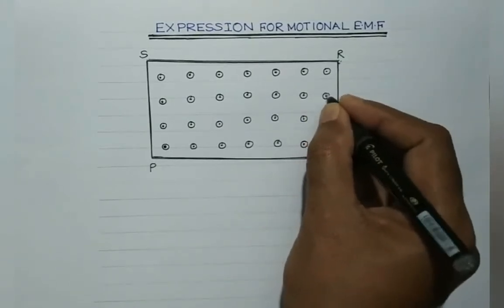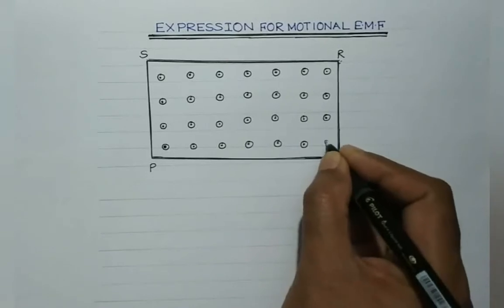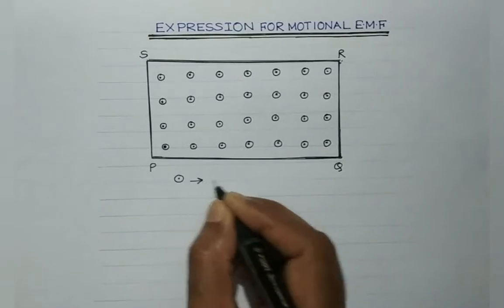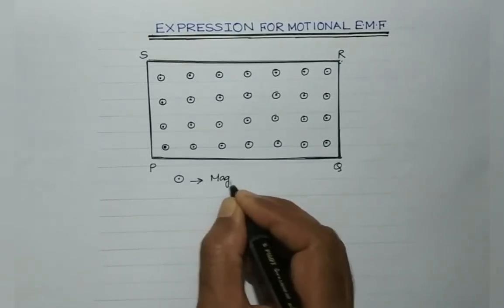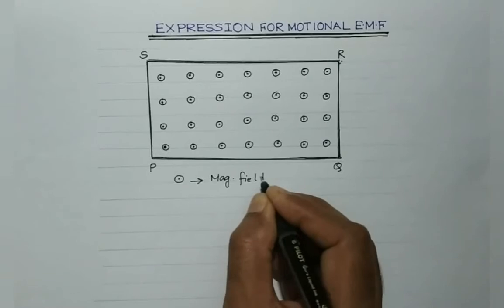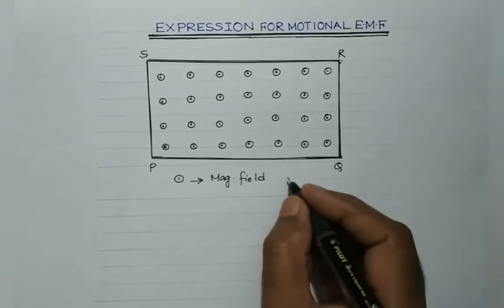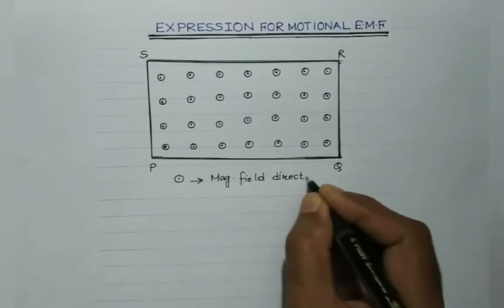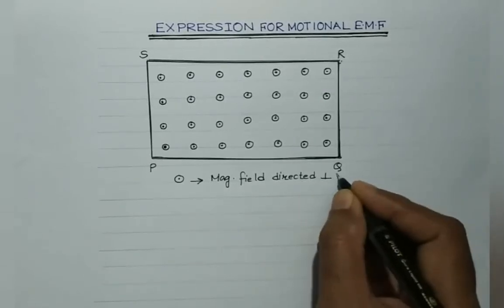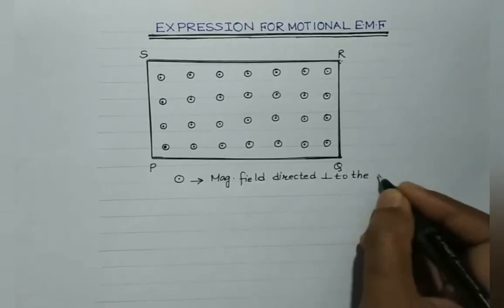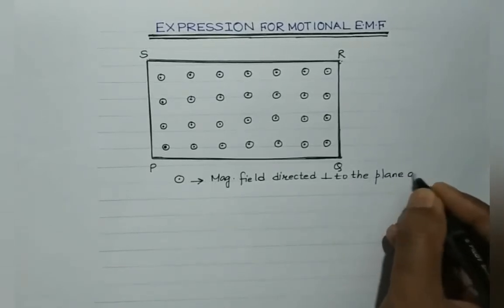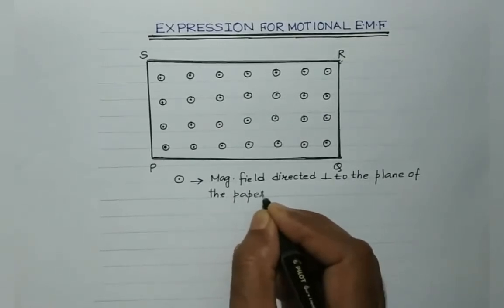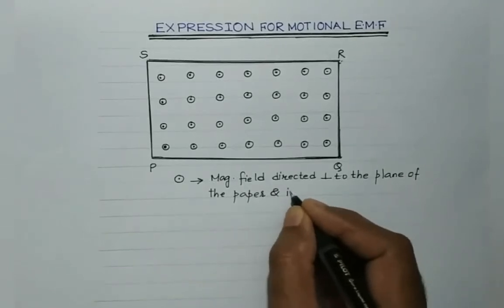So this dot represents the direction of the magnetic field, directed perpendicular to the plane of the paper and in the outward direction.